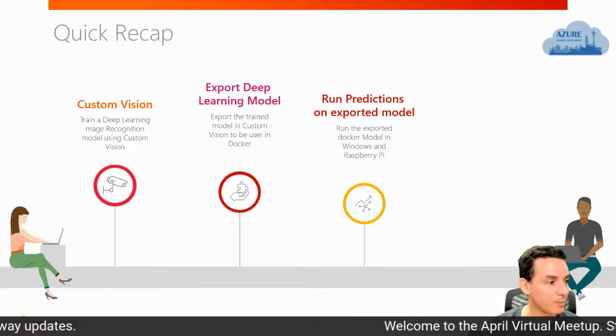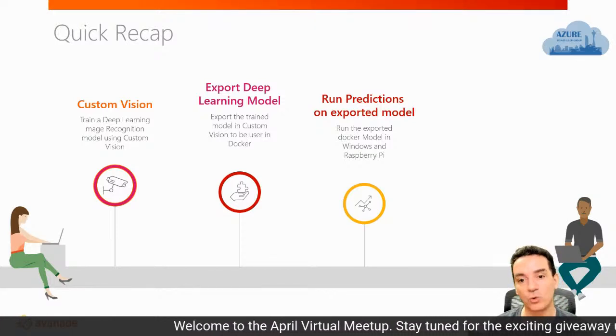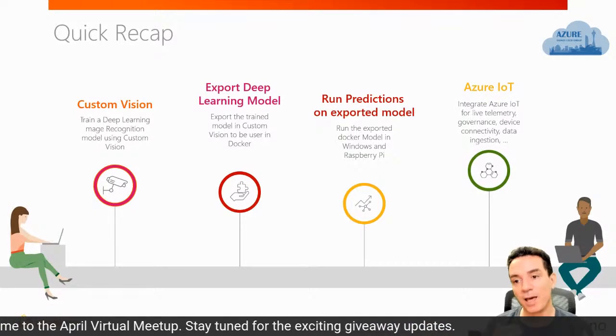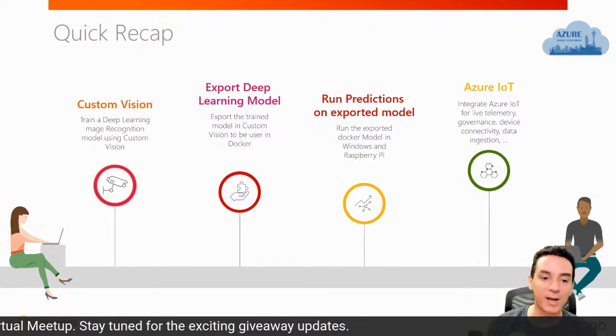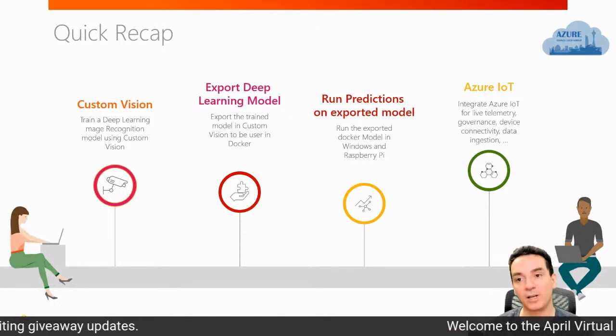I have this demo also ready to run in a Raspberry Pi, but I don't think I will have time to run it, but you can run this also in the Raspberry Pi, and then how you can trigger and connect this information to have live telemetry in something like Azure IoT Central.